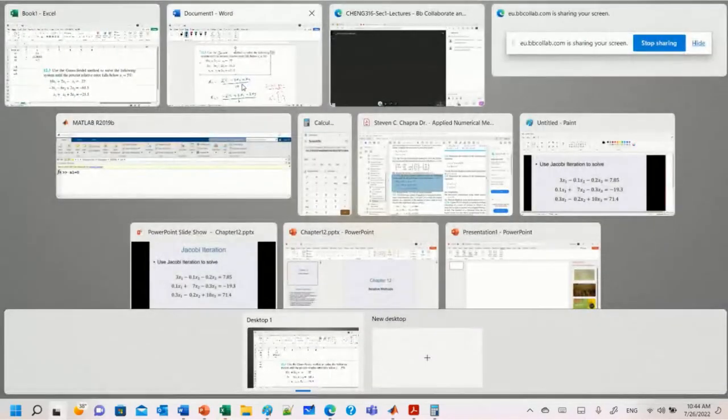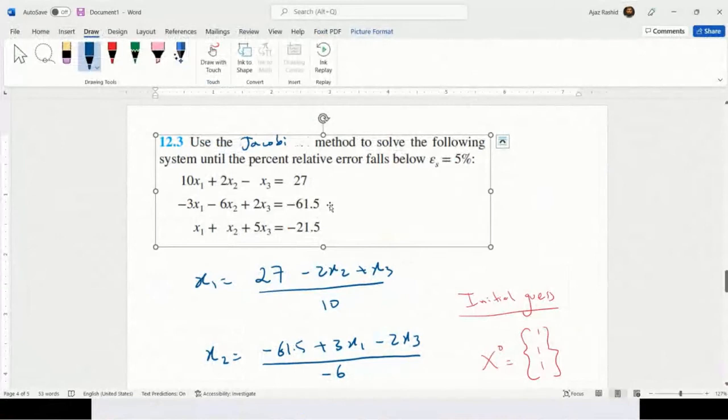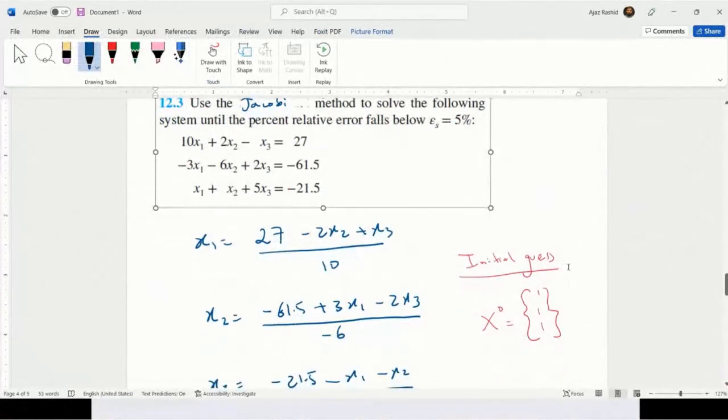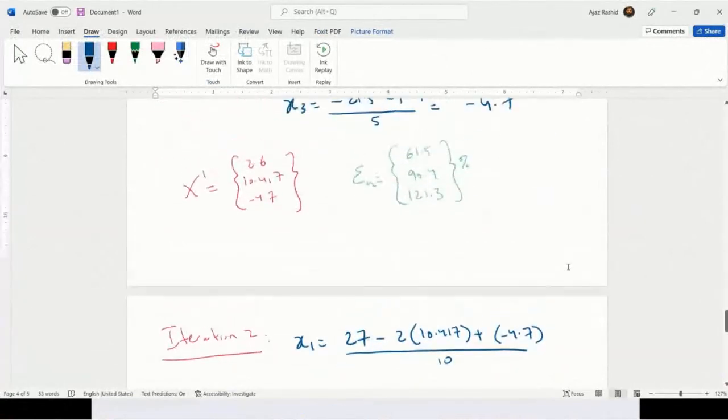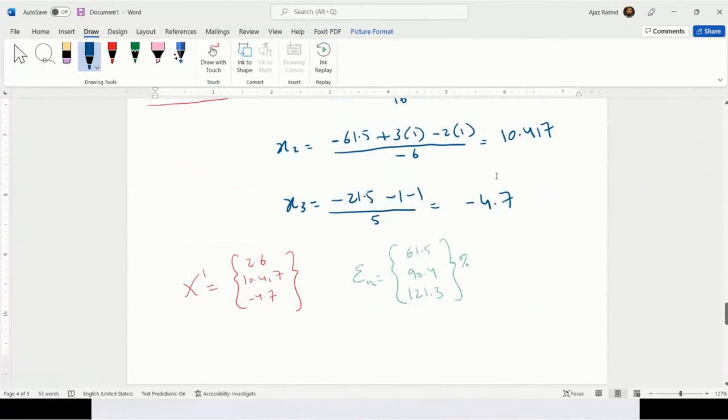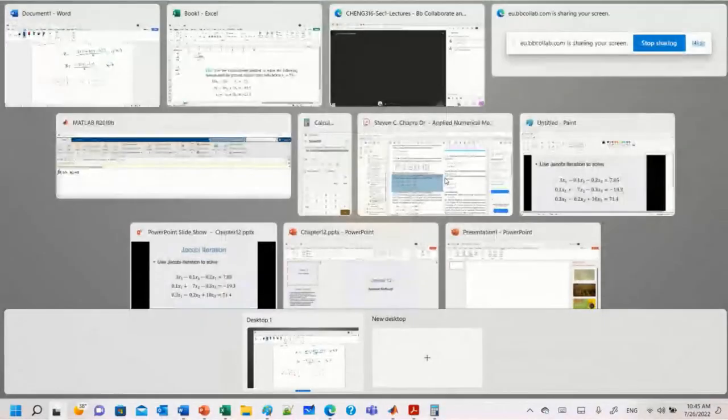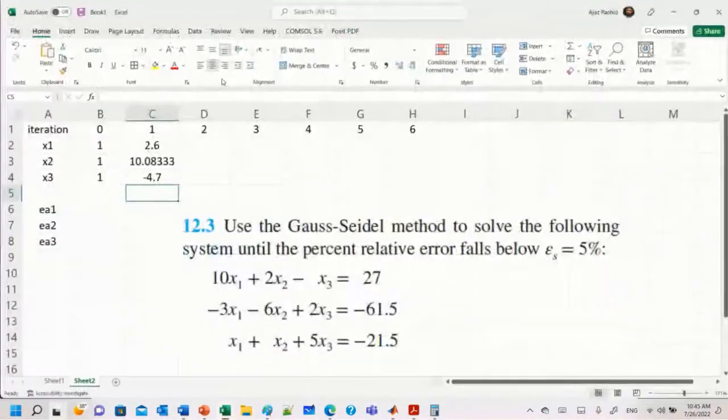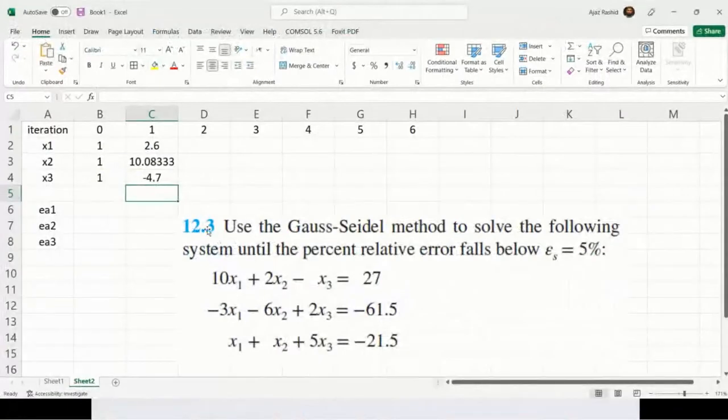So we did the first iteration and we got these values. We have something different here. Why is that? Let me check if the equation is right. Minus 61.5 plus 3 x1 minus 2 x3, which is right.